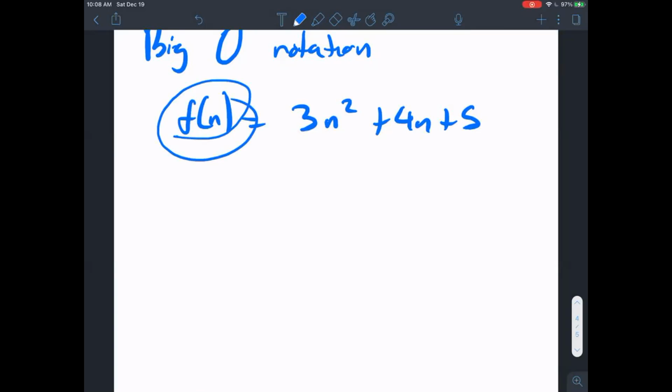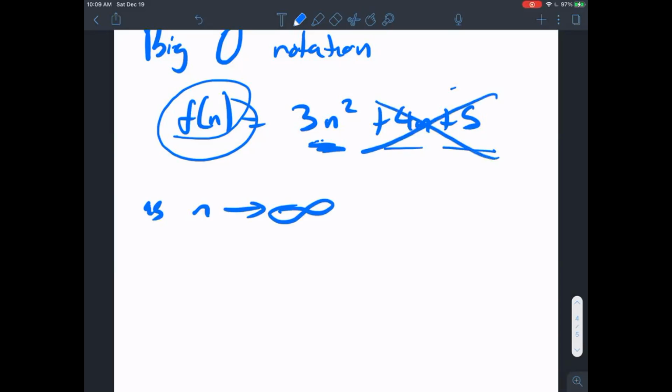As n approaches infinity, which one grows faster? This n squared term will grow faster than these other ones. The other terms are just minor compared to the n squared term, and so we can just drop them.